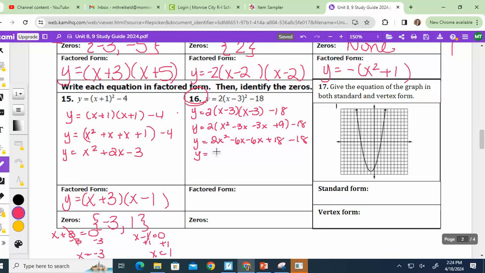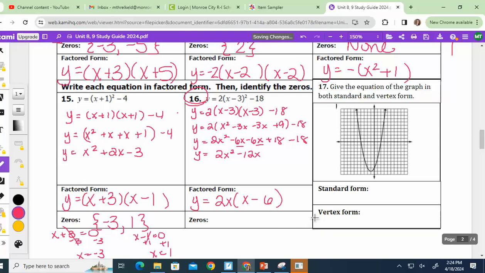Now, like terms, we have 2x squared. Negative 6x and negative 6x would be negative 12x. Positive 18 and negative 18, what happens? So now I want you to factor that. What would you do? Greatest common factor. If we take out the 2x, then what are we left with? x minus 6.